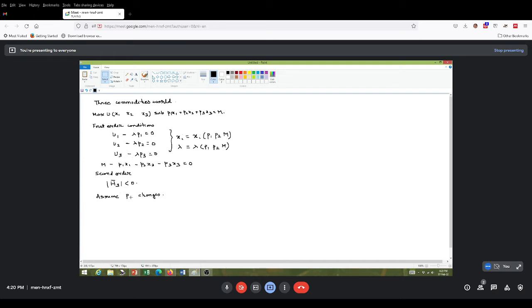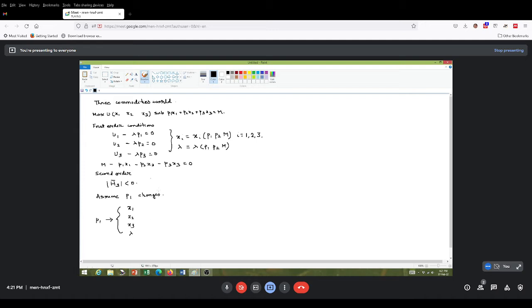Okay. When P1 changes, let's see what happens. This holds for i equal to 1, 2 and 3. So when P1 changes, X1 will change, X2 will change, X3 will change, and lambda will also change.